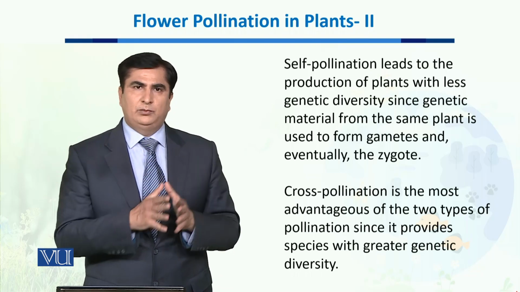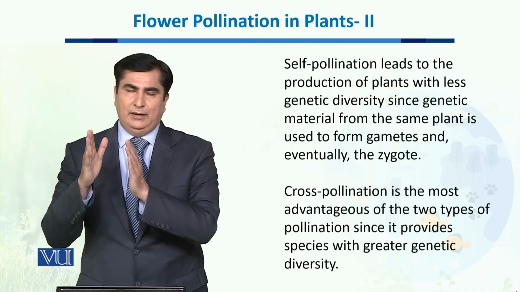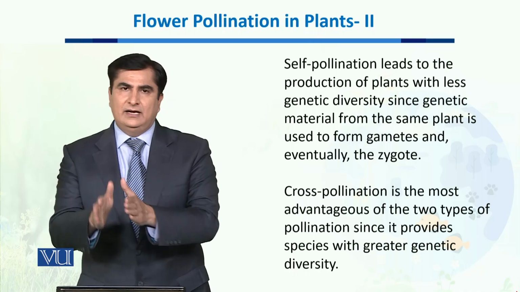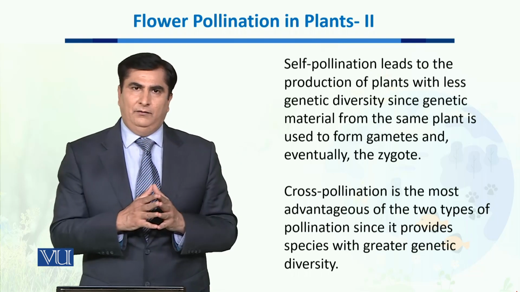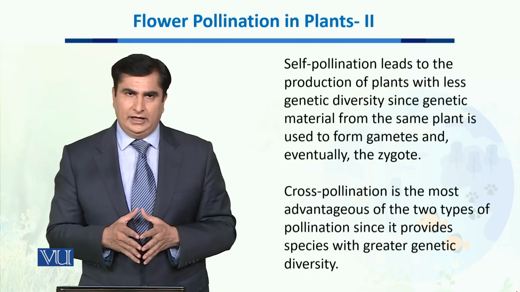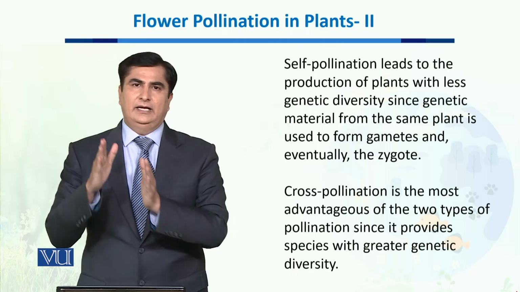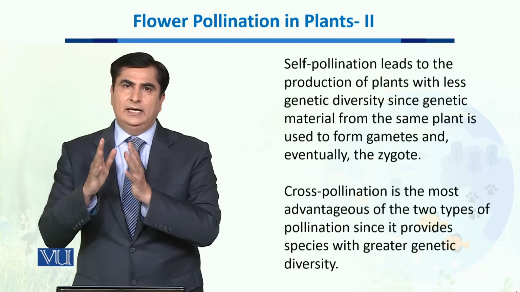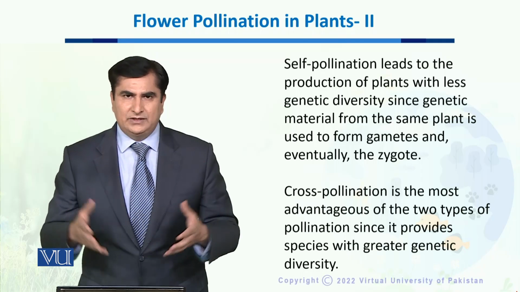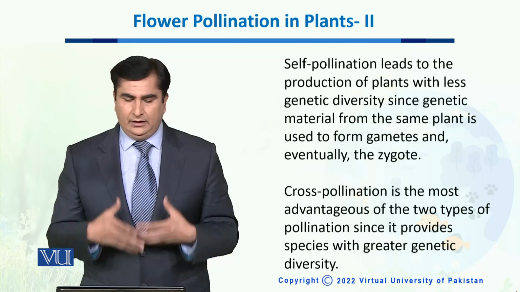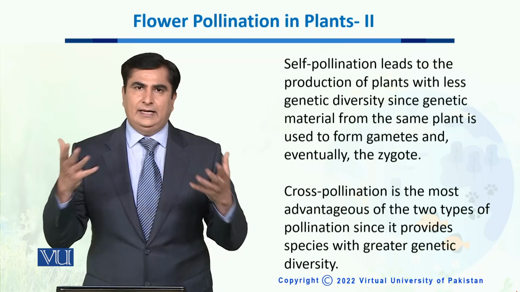Whereas in cross pollination, the male gamete of one flower reaches the female part of another flower. Cross pollination is much better from an evolutionary point of view, because it helps in the mixing of genetic diversity.